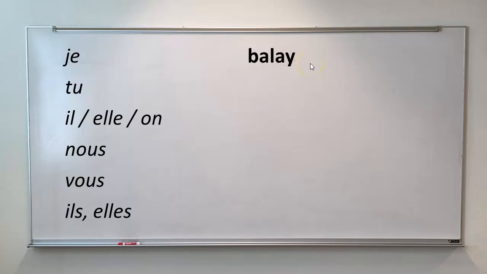Remember that the infinitive is the form of the verb that hasn't been conjugated yet. It doesn't have a time or a tense, and it doesn't have a subject yet. In order to give it a tense and a subject, you have to manipulate that infinitive. So we're manipulating the infinitive here to get our forms in the present tense.